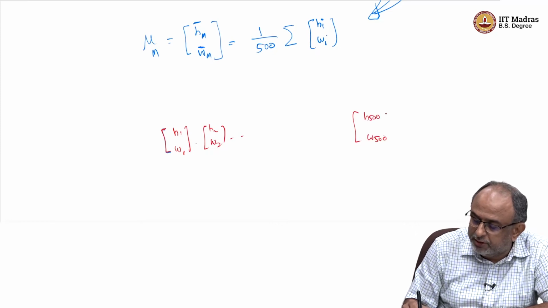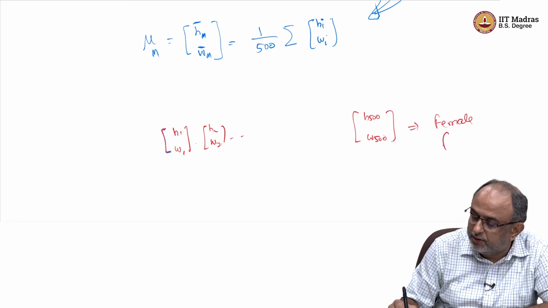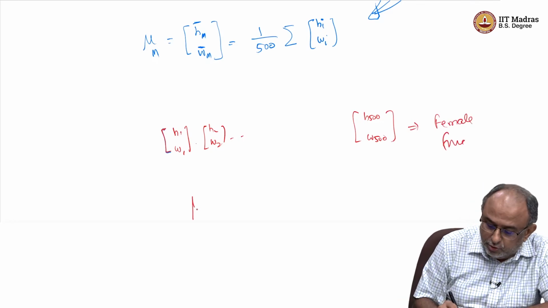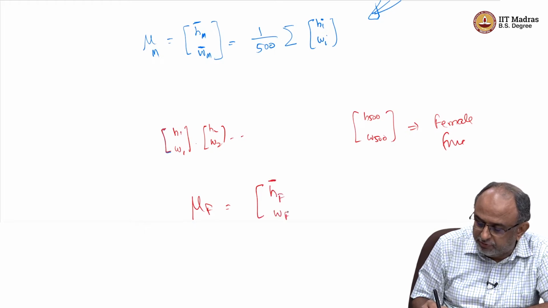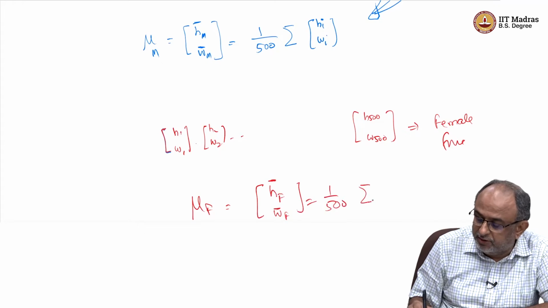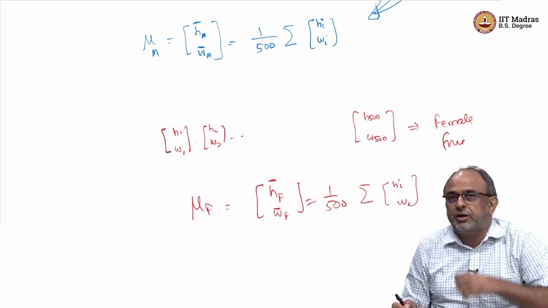So these are female measurements, then the mu of female, which is the average height and average weight, will just be 1 by 500 summation of the red ones, hi, wi. So it's very simple.